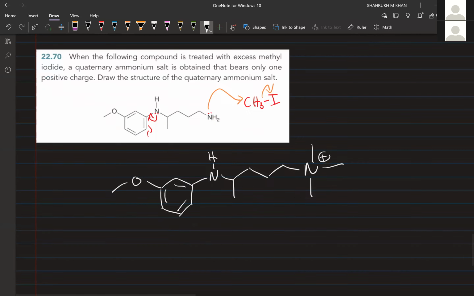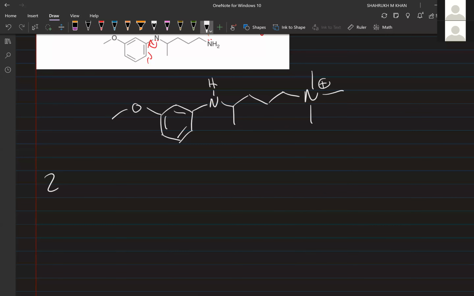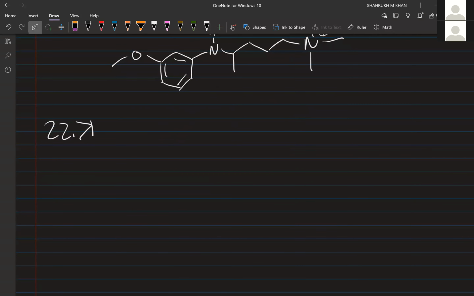Okay, 22.71. I was going to start the peptide stuff, but then I saw this problem and thought it feels like a problem you might end up picking. Even though it's a good mechanism problem, I thought it was pretty good.